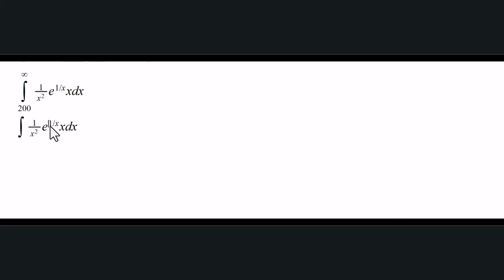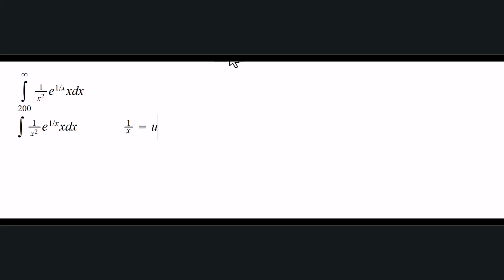This and 1 over x squared are the two things that we have to handle, and in this case the situation is very lucky. In case it's not, we go for further comparisons. So here we will just take 1 over x as u.